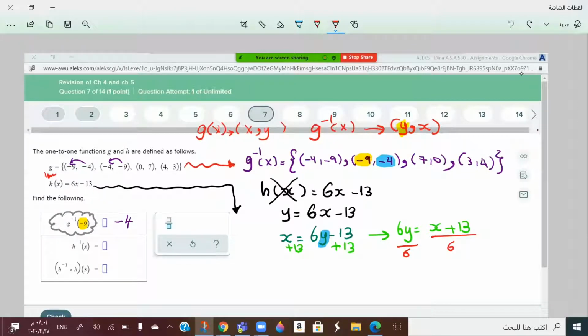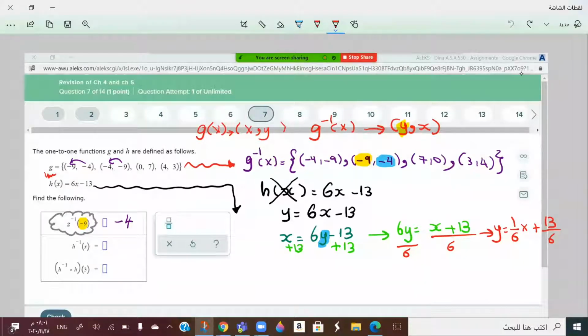And here you have a binomial, so you should divide by everything. Now your y is all about 1 over 6x, or x over 6, it will be the same, plus 13 over 6.